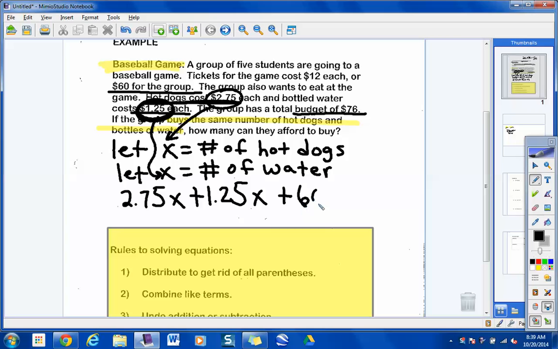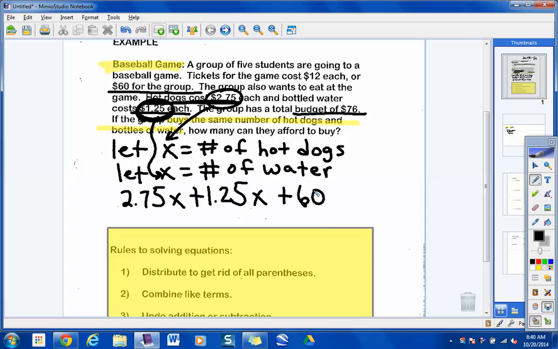Let's talk about what this mess is. I have a cost for hot dogs, that's this expression, 2.75x, plus a cost in water, which is 1.25x, plus this $60 cost for the tickets for everybody to get in, right? What was our total budget? What does this have to add up to if we spent our total budget? $76.